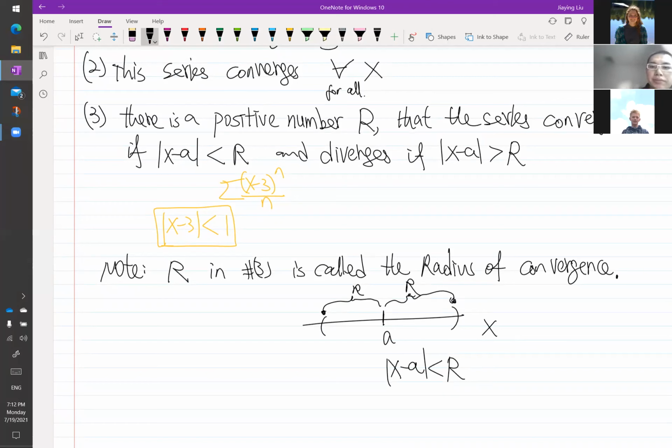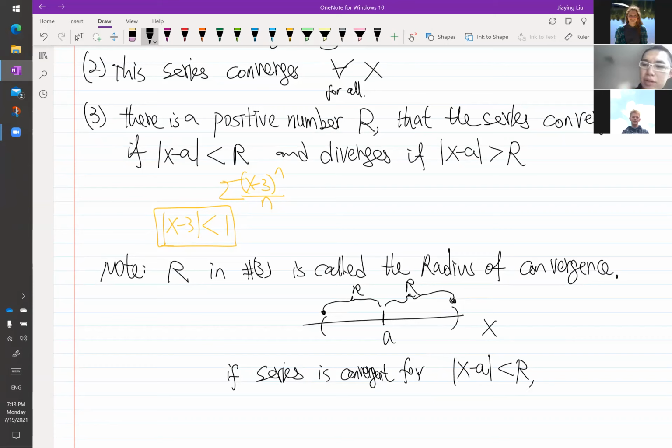If the series is convergent for x minus a less than R, we talk about this part of x values, right? So R is what we call the radius of convergence.